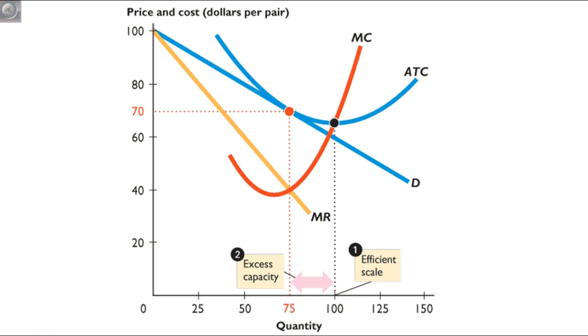Well, nonetheless, what about allocative efficiency? Well, we know that the price is $70. In this case, we can see that the marginal cost of production at the price that breaks even is $40.